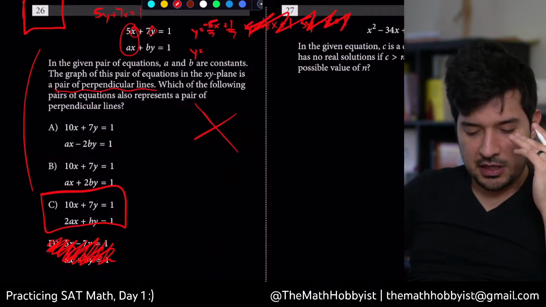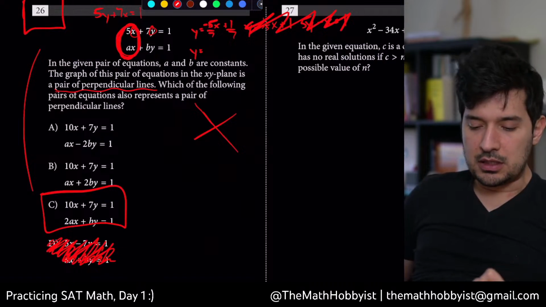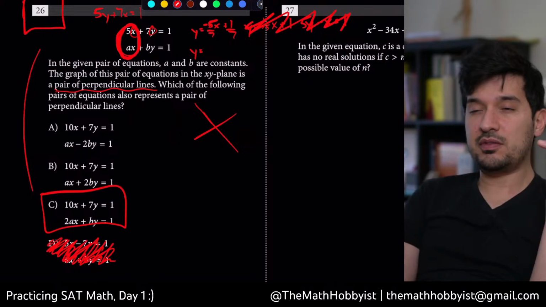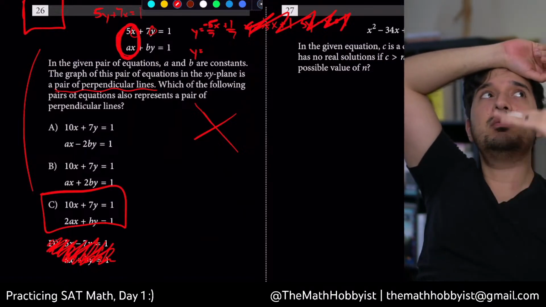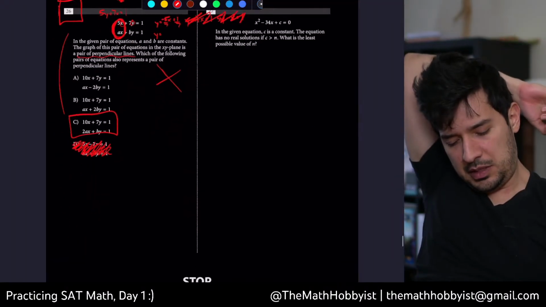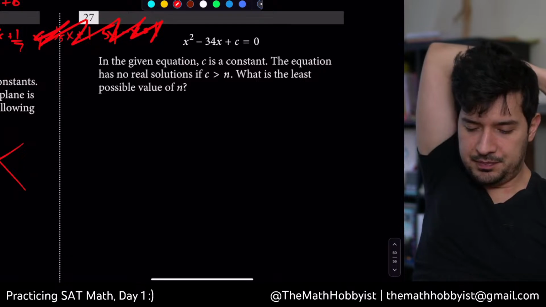Yeah, I feel pretty good about that. It's C because you can double the x factor and kind of think of scaling. I don't know how to explain that really well right now. Let's move on. 27.